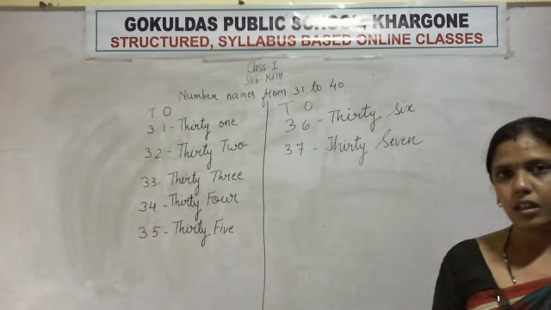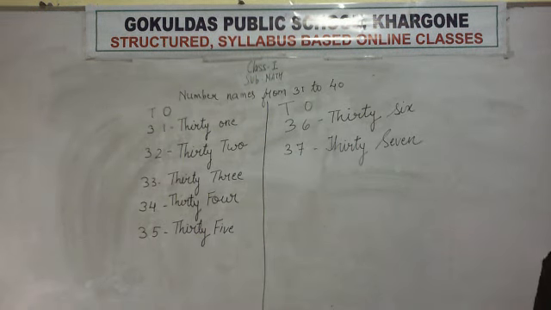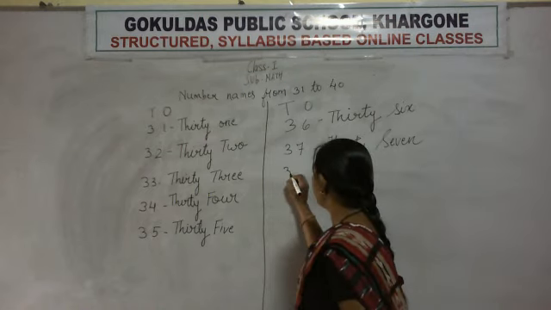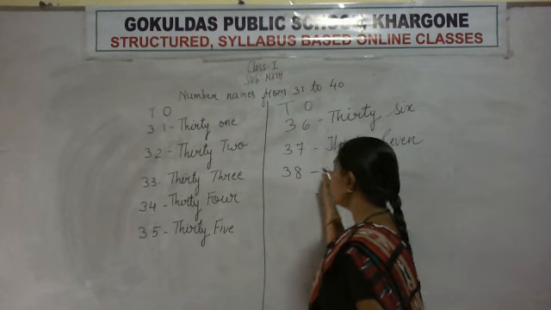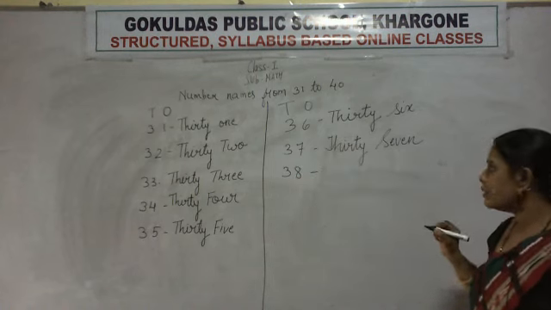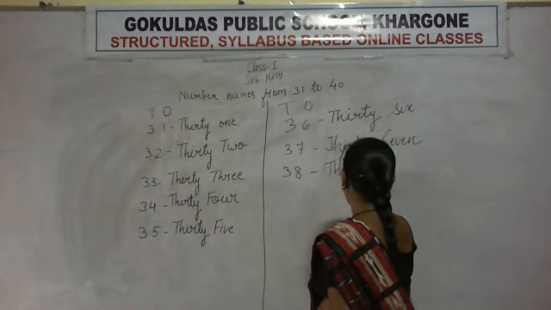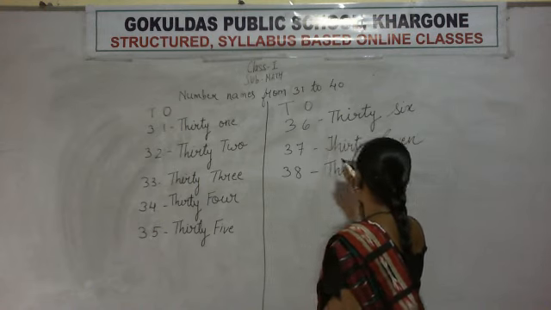37. Write the spelling of 30. THIRTY. 30.